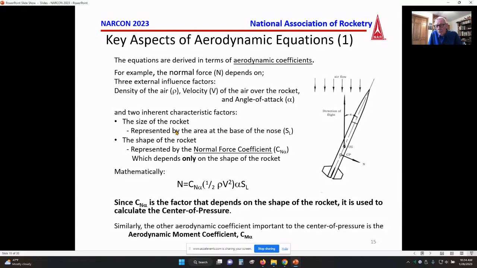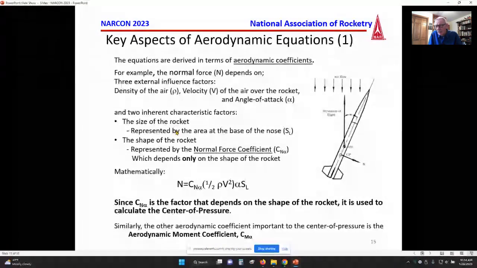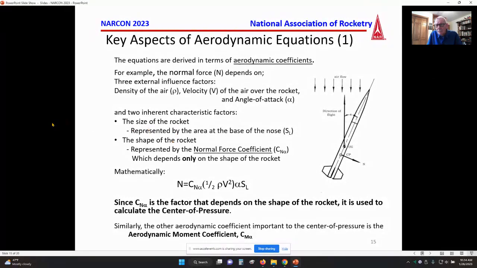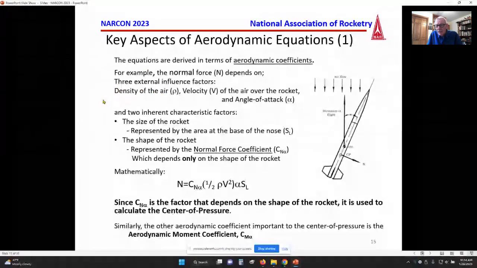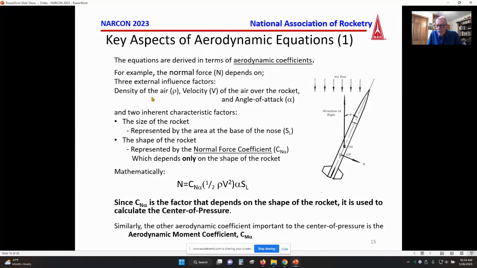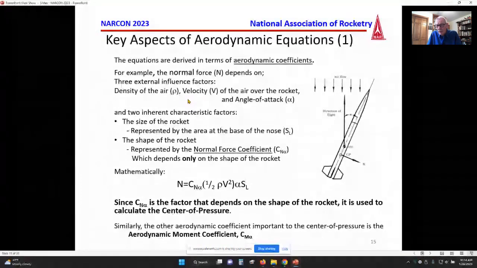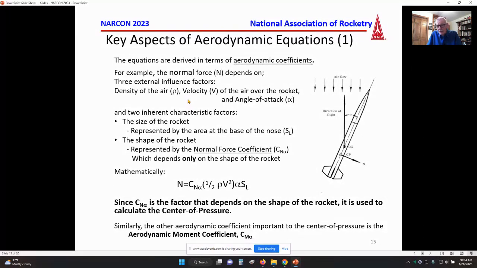The normal force, as you can see on the diagram, is the key to stability, and that depends on a number of things. Three of them are external factors. These are things that you can't control, only to the extent that you put in a good-sized rocket engine and that sort of thing.